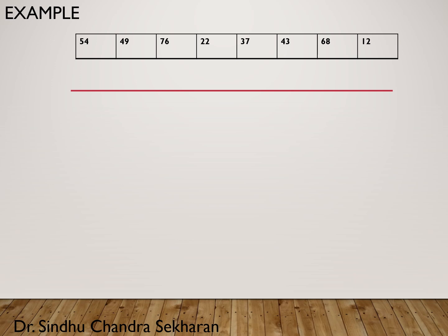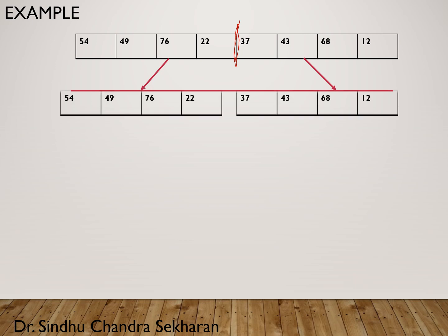So first, I divide the complete array into two parts. When I divide the given array into two parts, I get two sub-arrays, each n by 2. So 8 by 2 is 4 plus 4.